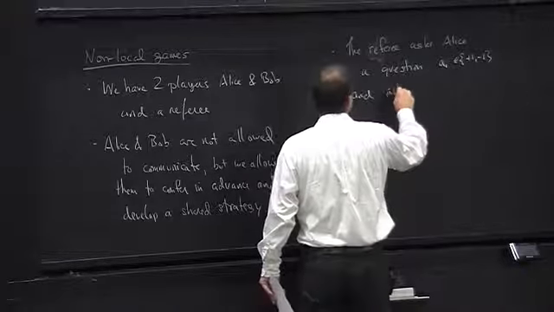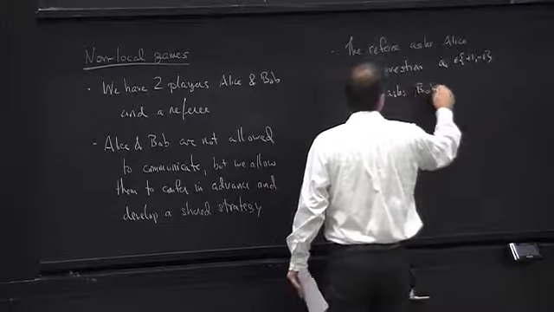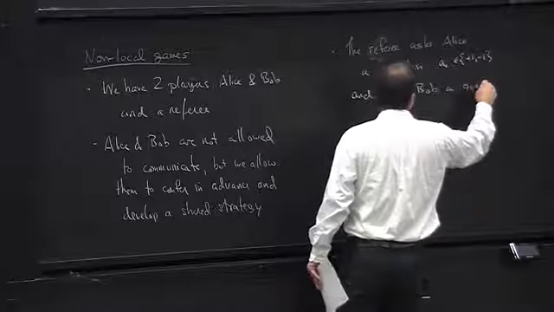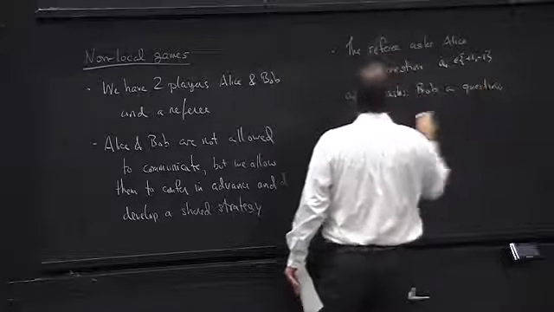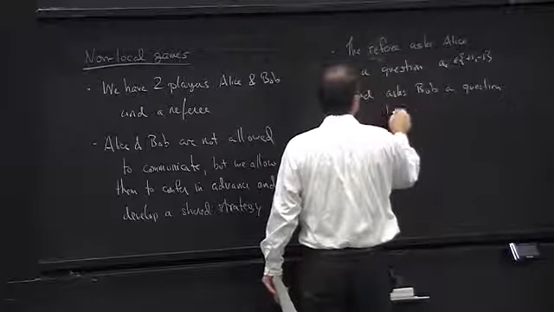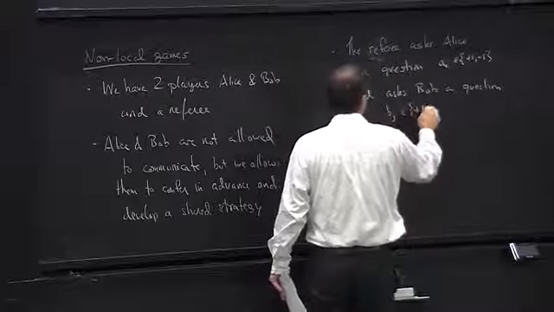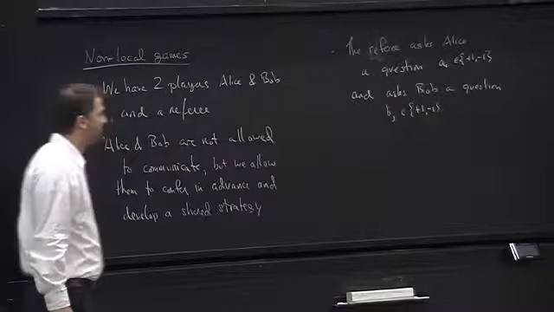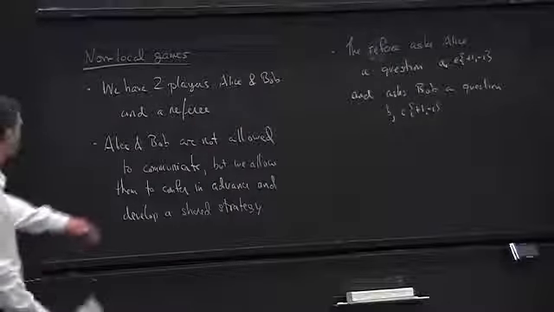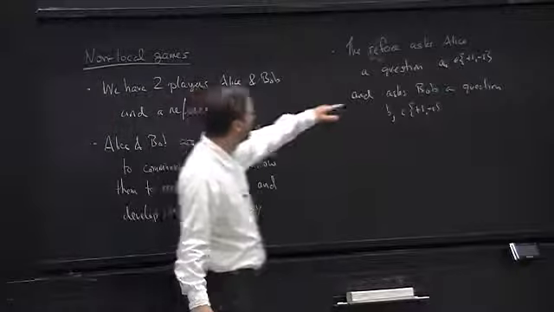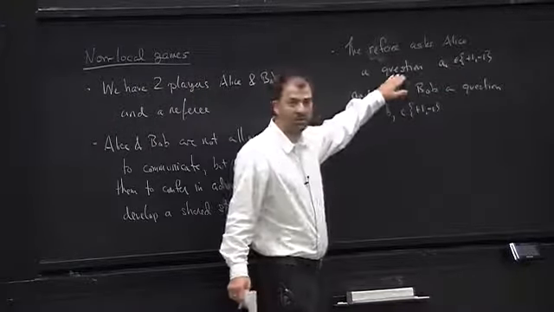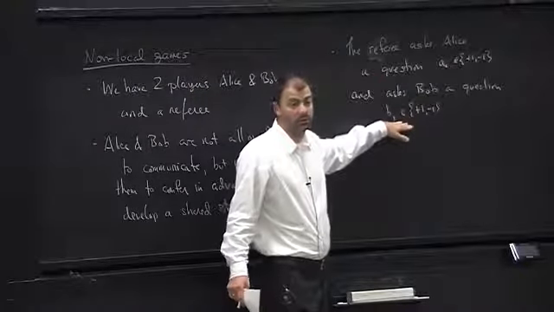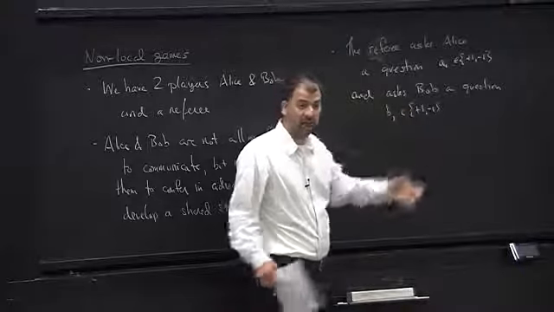And asks Bob a question, B sub j, which we'll just label the questions as +1 and -1. The key point is that because they can't communicate, Bob doesn't know what question Alice was asked, and Alice doesn't know what question Bob was asked in each run.